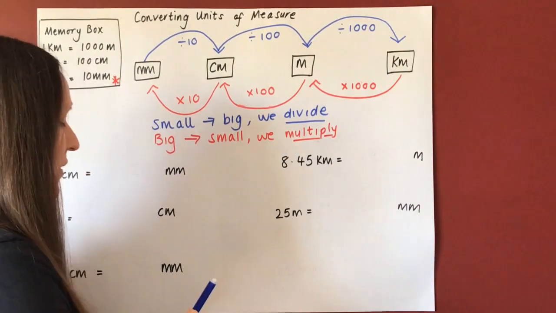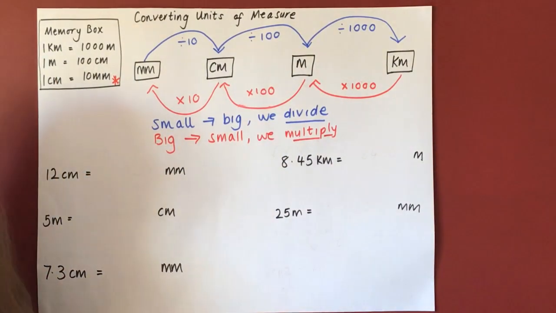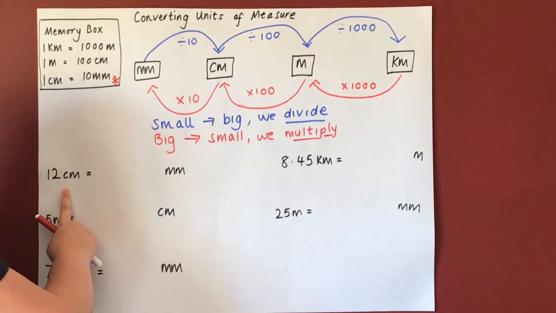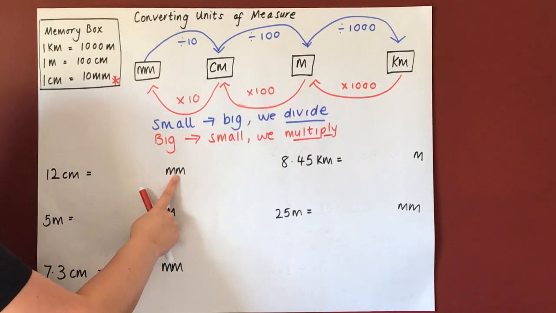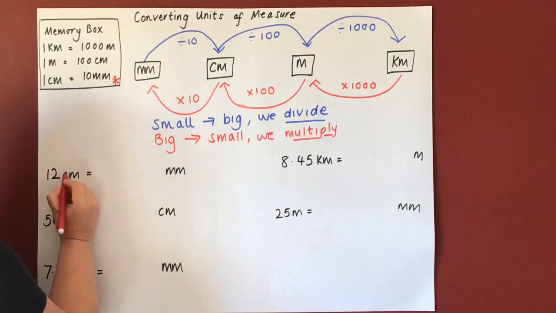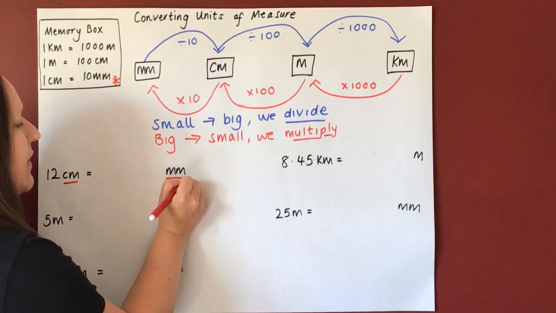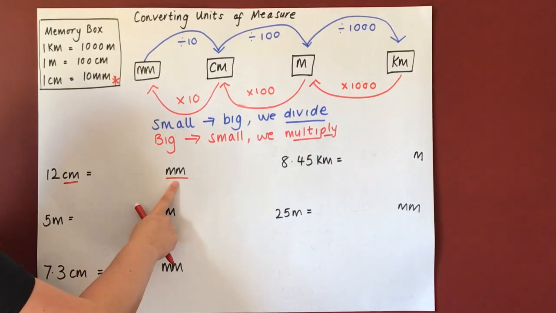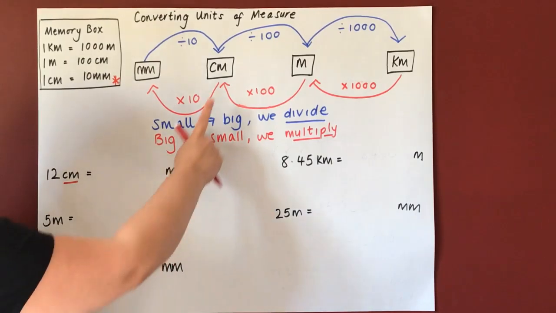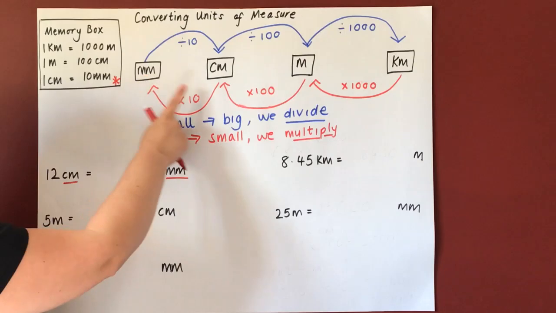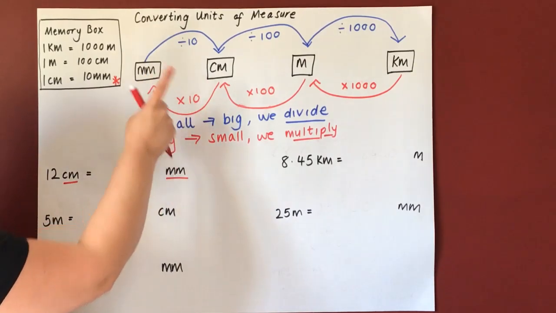So let's start with the first one. I have got 12 centimetres and we need to put it into millimetres. Now the first thing I do is I underline my units, and I can clearly see that I'm going from centimetres to millimetres, so I'm timesing by 10.